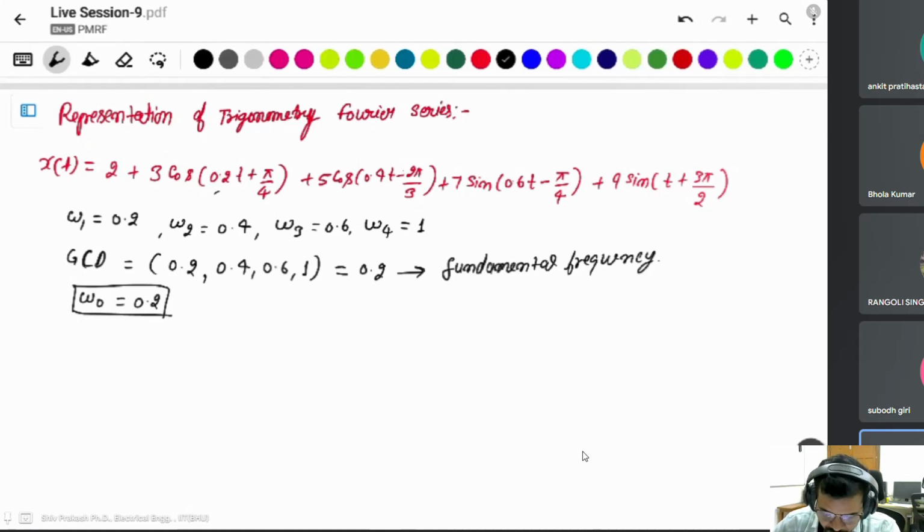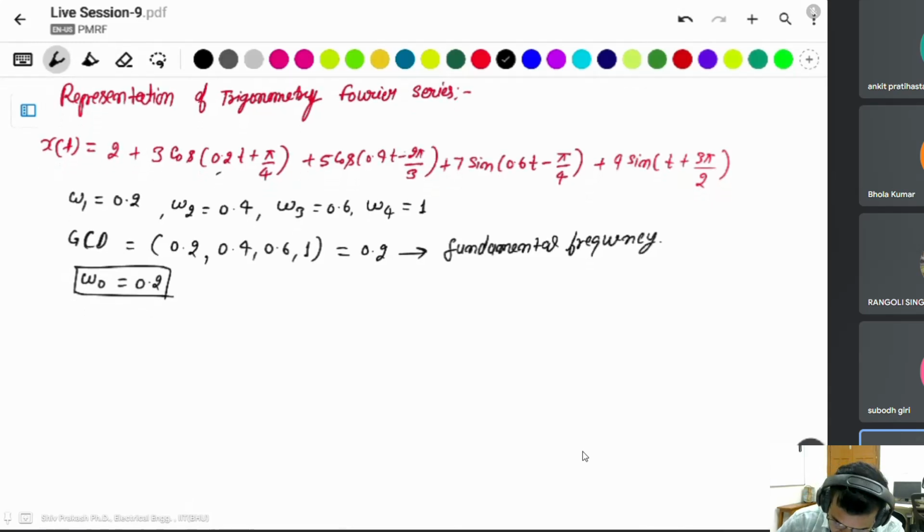You have to find the fundamental frequency because of the representation of the trigonometric Fourier series. Then you need the harmonic order coefficients. Without finding the fundamental frequency, you can't find the harmonic order.